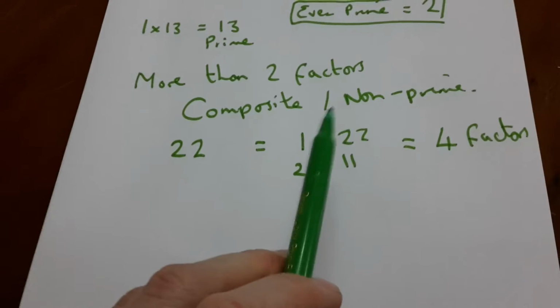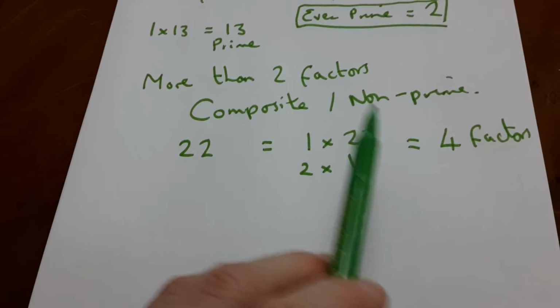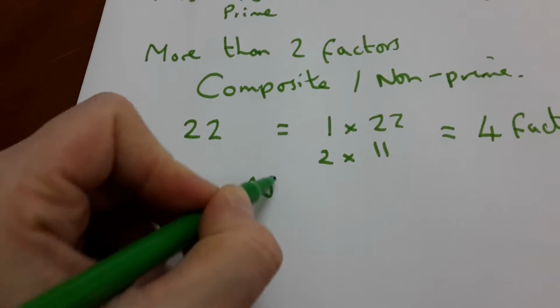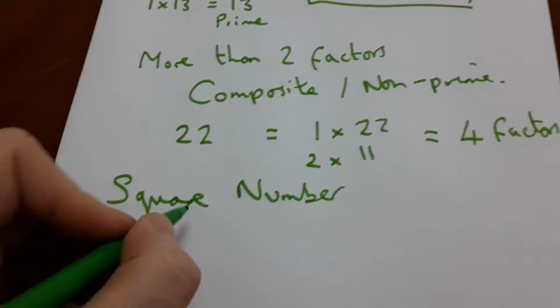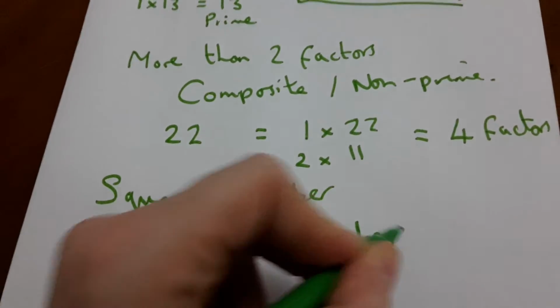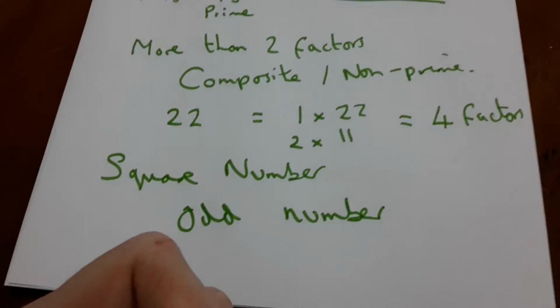The special version of non-prime numbers is a square number, and that has an odd number of factors because one of its factors is multiplied by itself.